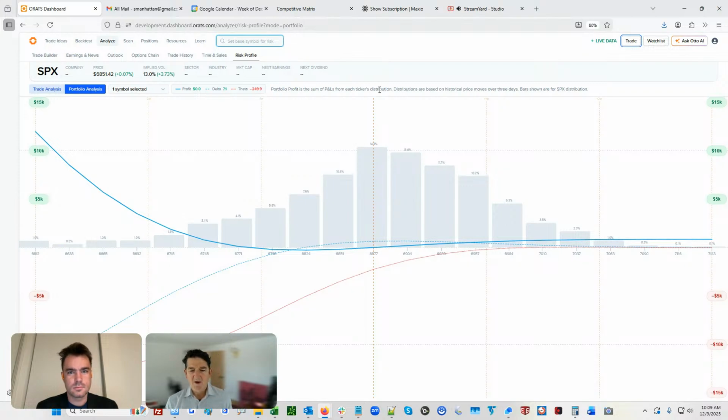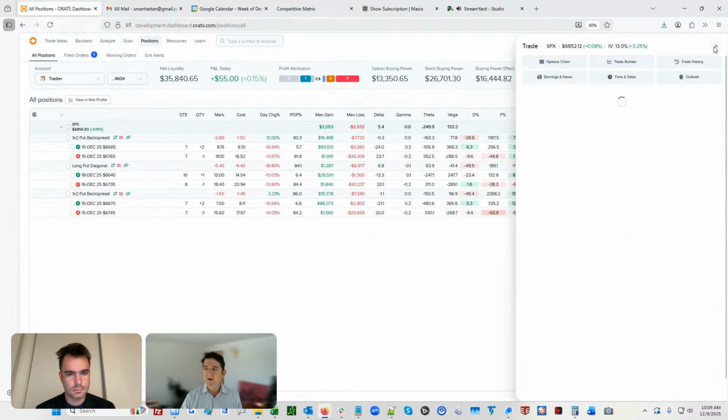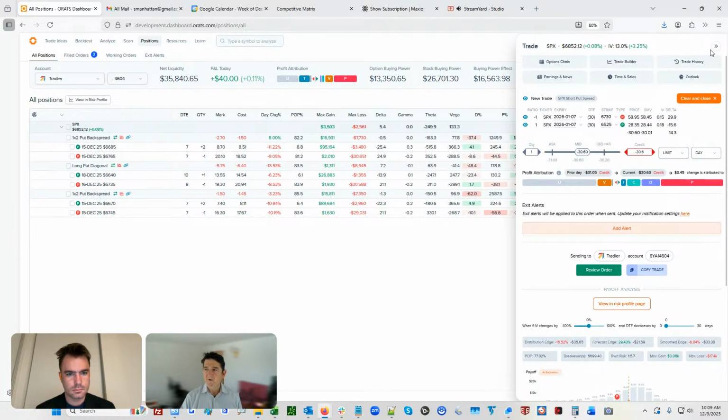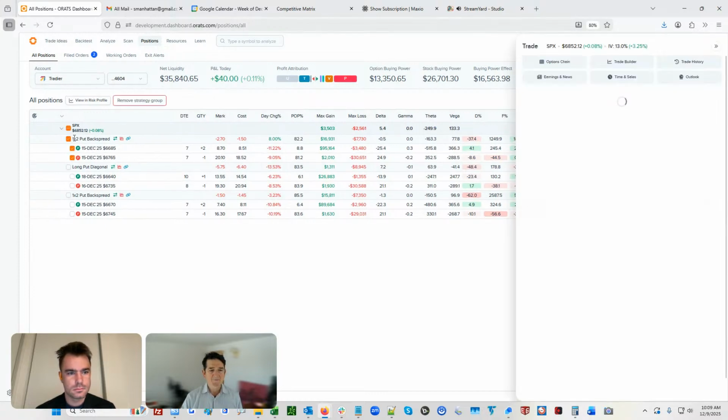This is just one symbol, SPX, so it's relatively easy to do that. You just dump all of the profits that we see, and I could go back and look at my positions, and I can look at the 1 by 2.